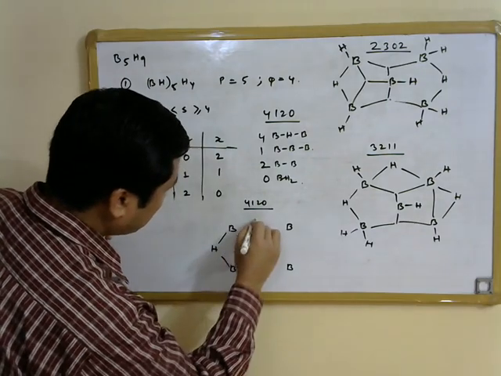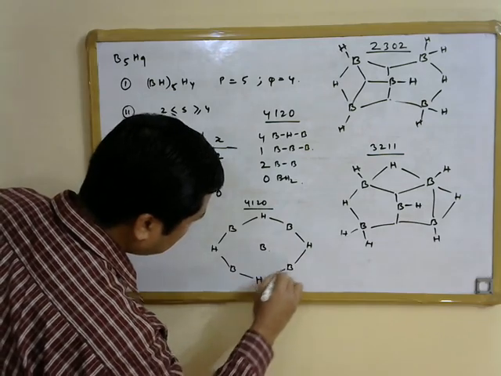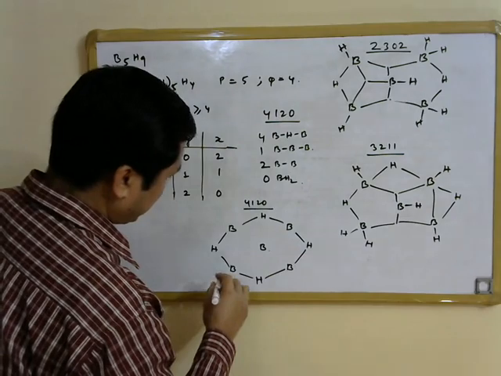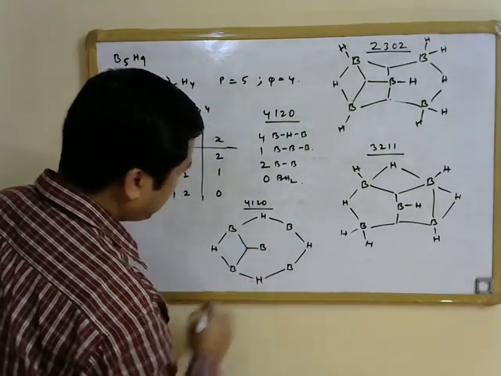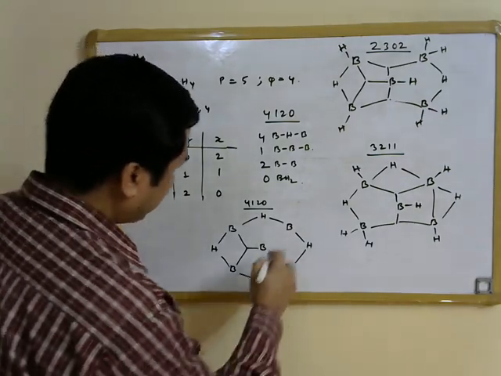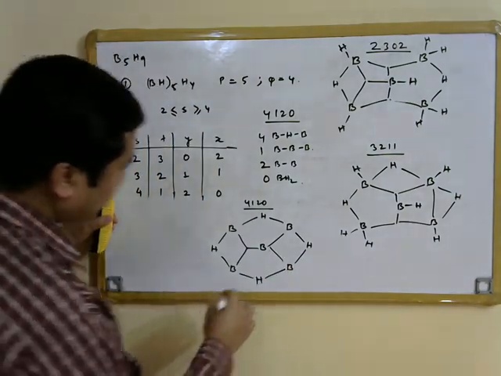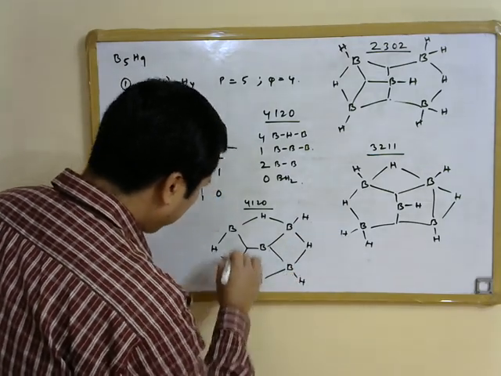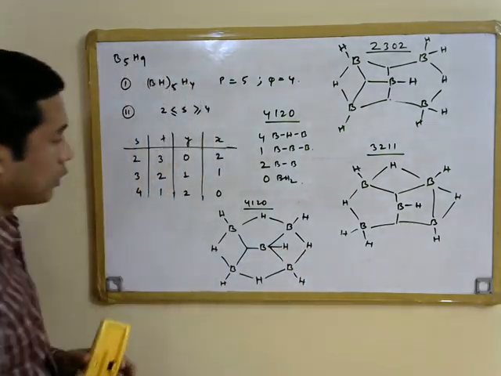Let us place the BHB linkages in this way, 4 BHB linkages, 1 BBB linkage. So let us place 1 BBB linkage here in this fashion and 2 BB linkages. Let's place the 2 BB linkages in this way and 0 BH2 groups. So no BH2 groups are present and 1 terminal hydrogen must be attached to each of these boron centers in this fashion.